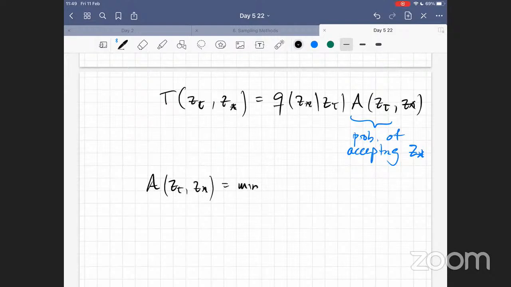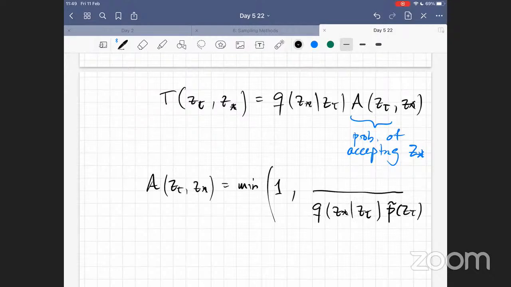This is the minimum between 1 and, in the denominator, T of Z star given Z tau times P of Z tau, and in the numerator, sorry, it is the inverse: T of Z tau given Z star times P of Z star.